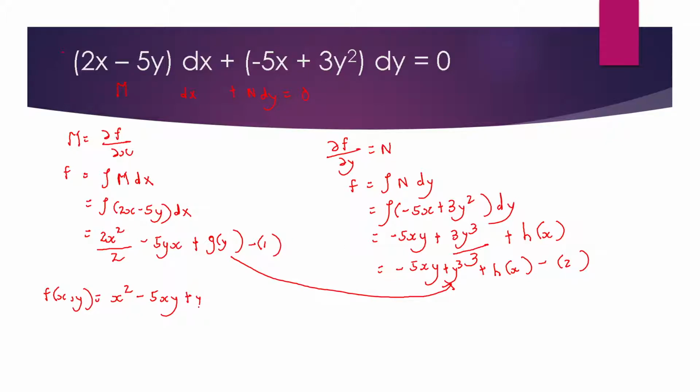So plus y cubed. We know the solution of the exact differential equation is f(x,y) equal to a, so the solution is this one. You can also start from equation 2.